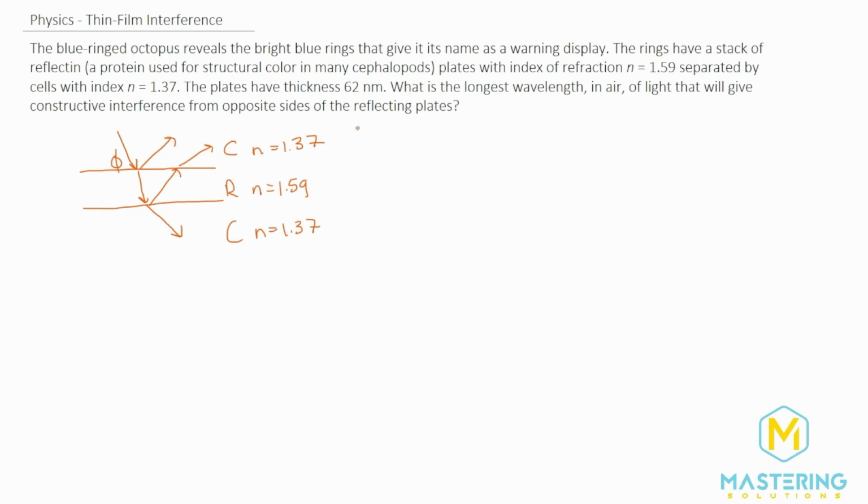So we only have one phase shift, and they tell us in the question that we want constructive interference. So the equation that the diagrams in the book will give us with one phase shift for constructive interference is going to be 2t = (m + 1/2) λ/n.